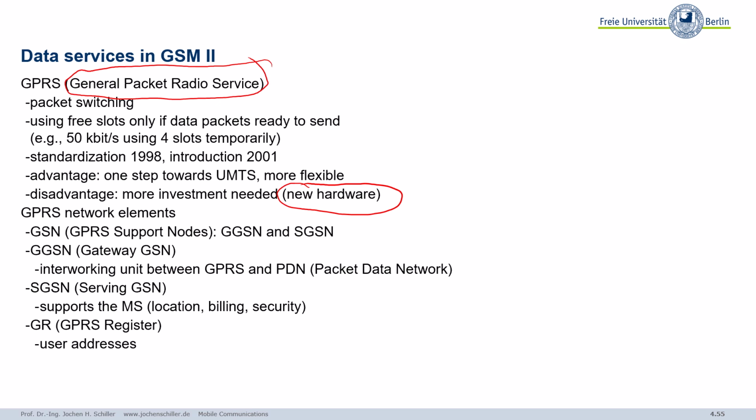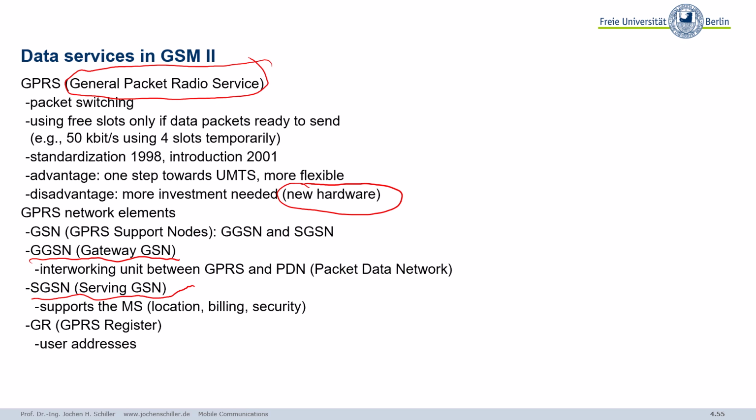As we will see when we discuss the architecture, there are some new network elements, so-called GPRS support nodes. There are gateways, the gateway GPRS support nodes, and serving GPRS support nodes. So basically routers. So you need some interworking units between any packet data networks.